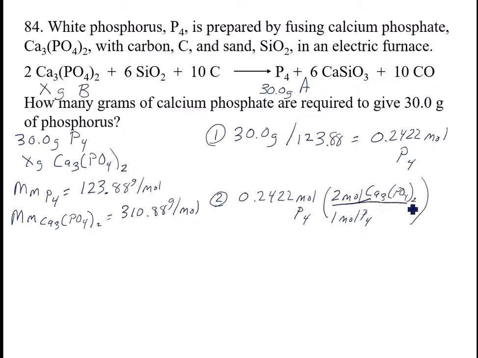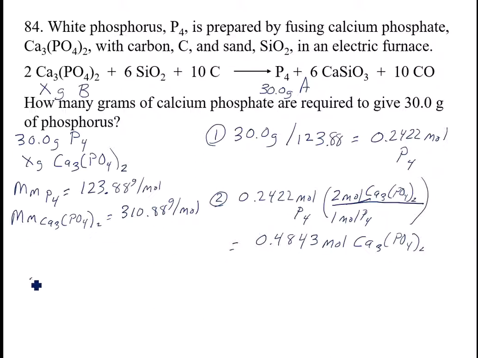I've said it before and I'll say it again: if I write this out, it's important. And that gives me 0.4843, and the reason it's not 44 is because in my calculator I don't actually round it at all. So this is moles of Ca3(PO4)2. If you have 4 here, I won't count it wrong.